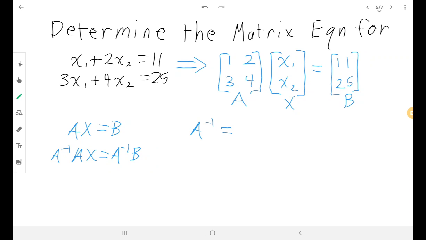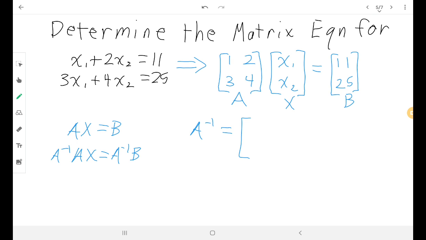So let's see, A is a 2 by 2 matrix, and it is 1, 2, 3, 4, and B is a 2 by 1 matrix, and it is 11 and 25. And so let's just look at what A inverse equals.